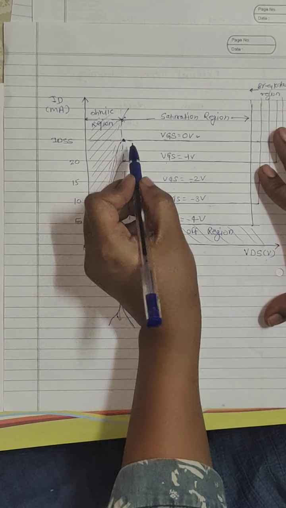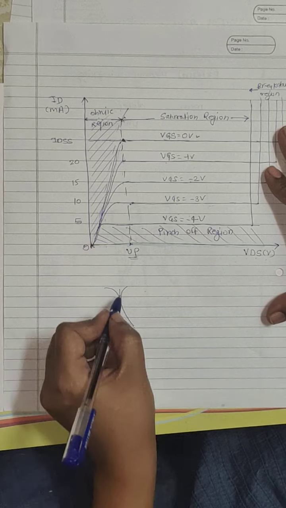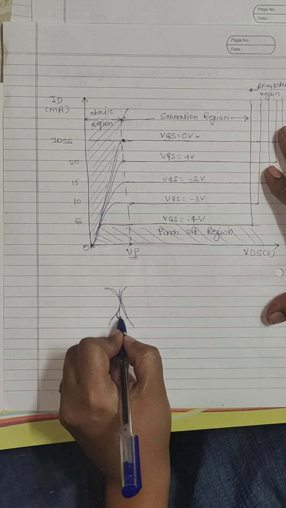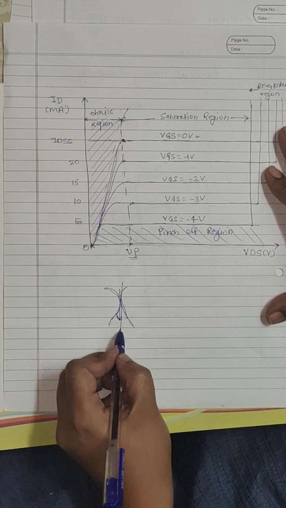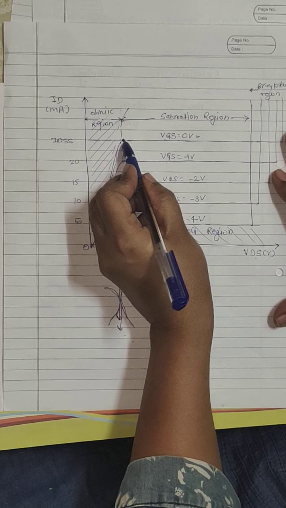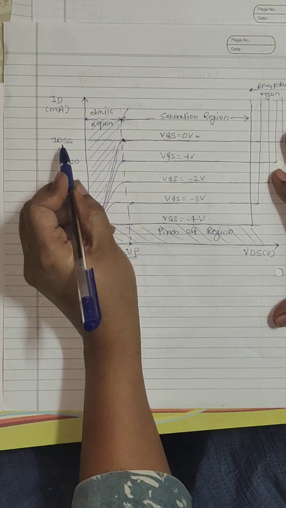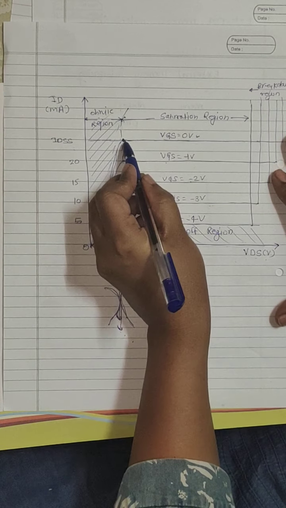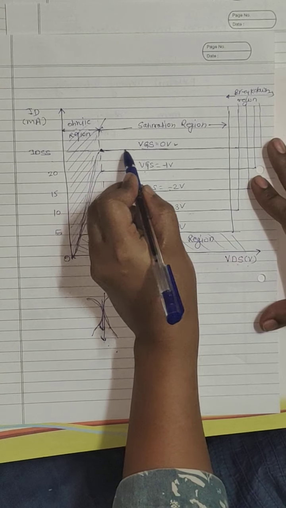After that, as we have already discussed, due to pinch off the channel gets blocked. If we increase the voltage further, the current still does not increase. It remains constant, and this current is called IDSS, the saturation current, and this region of the characteristics is called the saturation region.